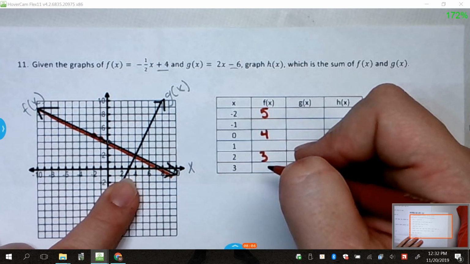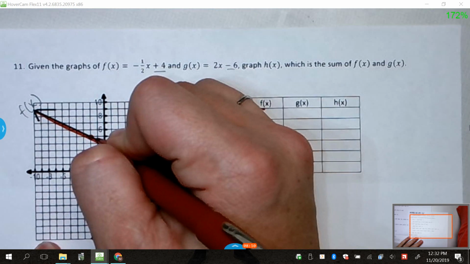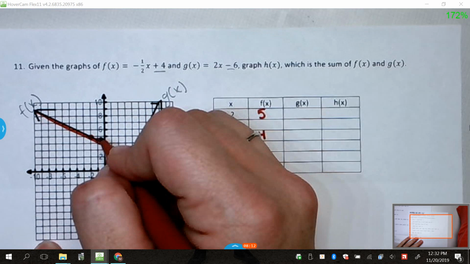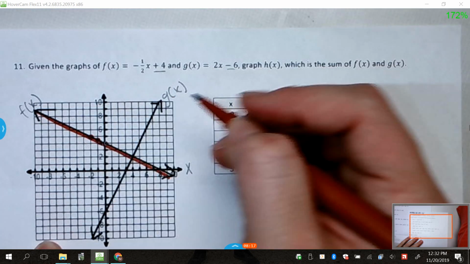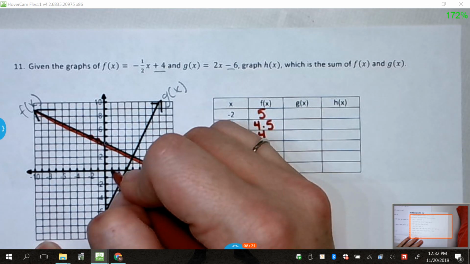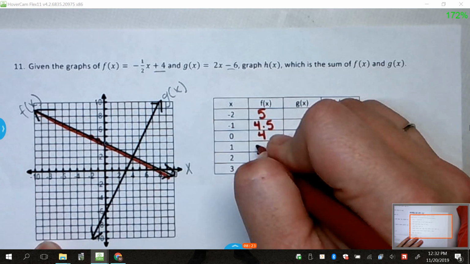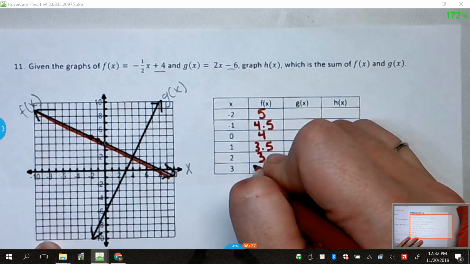And at 3, it's a fraction. Really, I wasn't very nice on this one. I gave you some ugly numbers. But if you notice, it is half because it's going down a half over 1. So technically at negative 1, it is 4.5, at positive 1, it is 3.5, and at 3, it is 2.5.